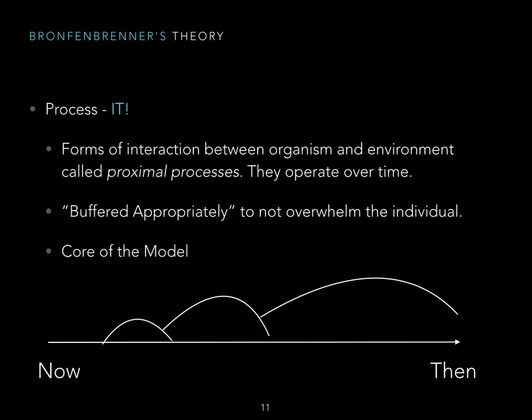For our student affairs folks, I know that we also have some academic affairs people in the room, but for the sake of our class, for student affairs folks, this connects to Astin's theory of involvement, Sanford's challenge and support theories, and I really like to think of process, the component of Bronfenbrenner's theory, as the "it."